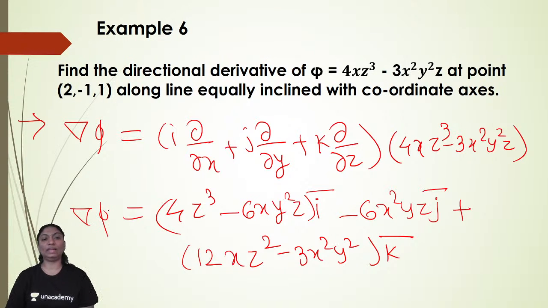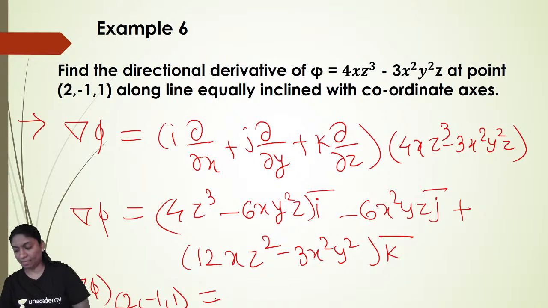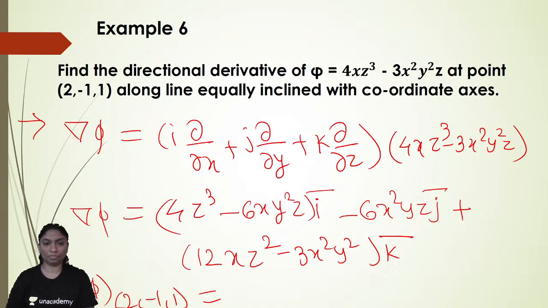Now we will calculate del phi at point (2, -1, 1). So put z equal to 1. 4 into 1 is 4, minus 6 into 2, 12, into 1, minus 12, so you will get minus 8 i bar.